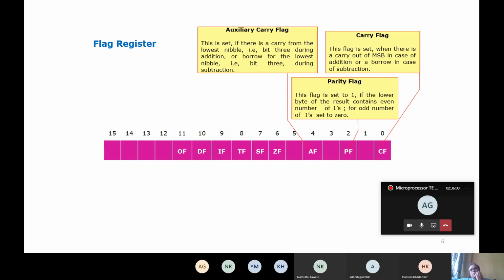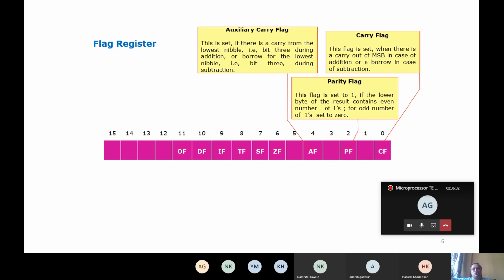But how does it know whether it has received the data correctly or not? There is a simple protocol which can be set between the two 8086 processors. Before transferring any number, the transmitter processor will tell the receiver processor that all the numbers I am going to send you will have even parity.